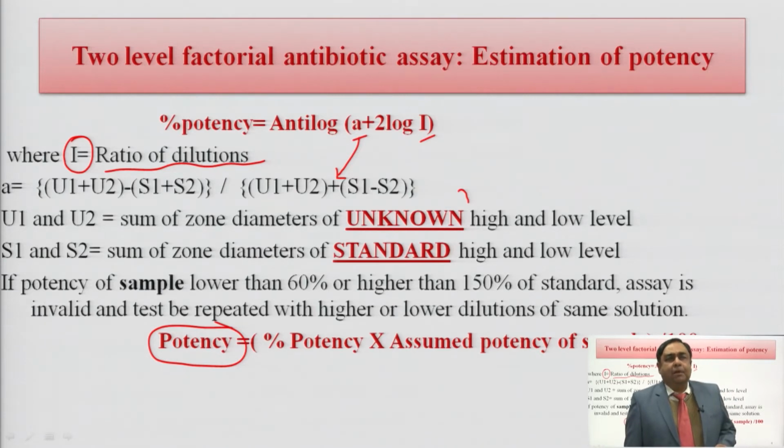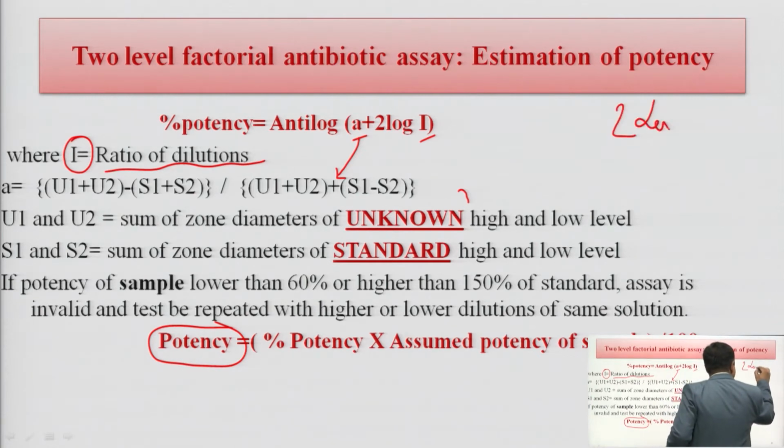Whereas U1 and U2 are nothing but the sum of the zone diameter of unknown high and unknown low. S1 and S2 are the sum of zone diameter of standard high and standard low, because you have taken two levels of standard, which were S1 and S2.